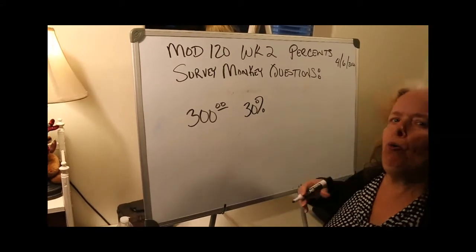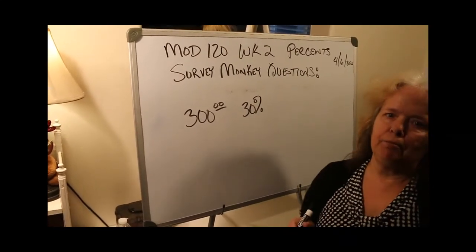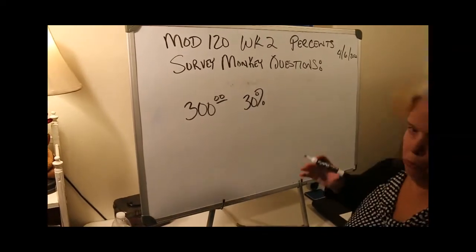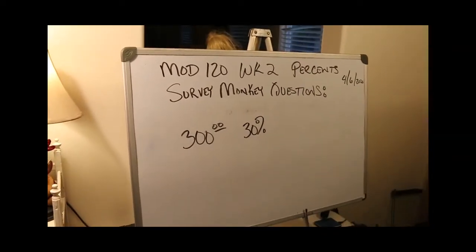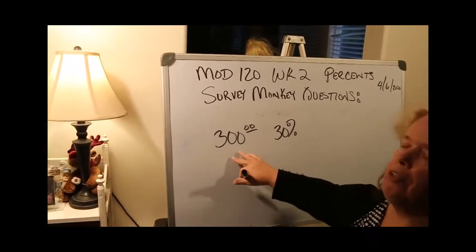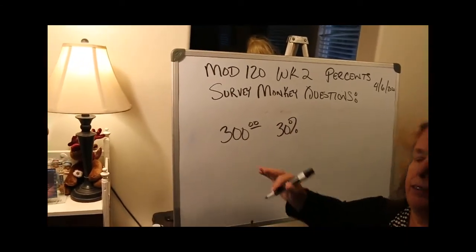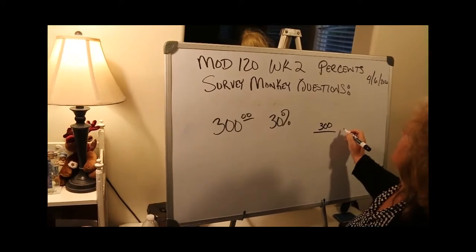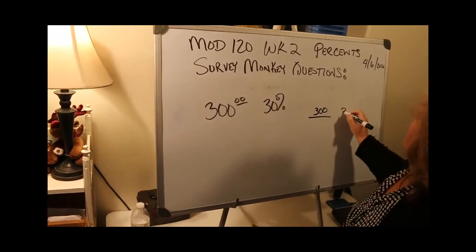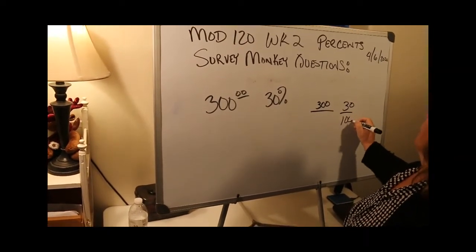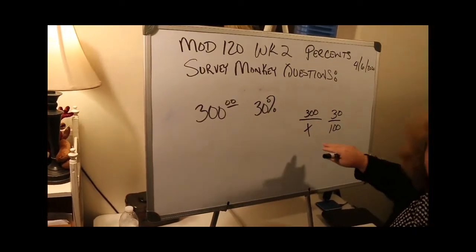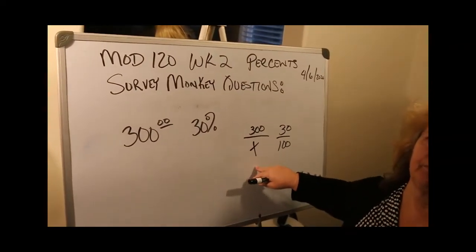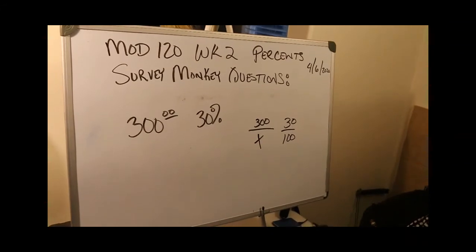She wants to know what she should have received. Okay? So what information is missing? Well, in this case, the 300 is the part. Okay? So 300 is the part. 30% is there. 30 over 100. The whole is missing.